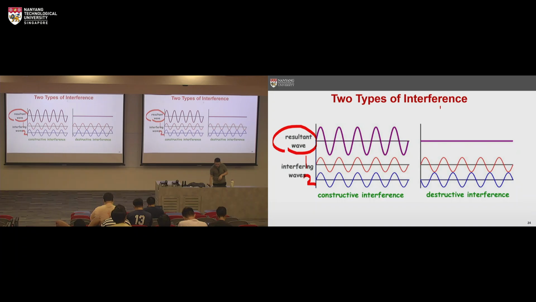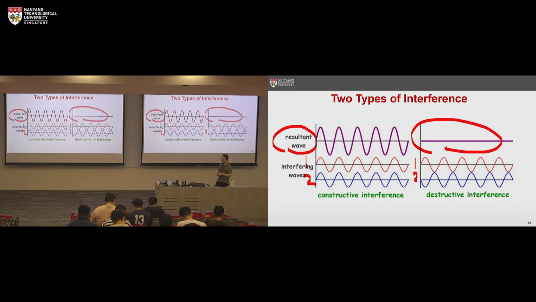If your number 1 and number 2 light have totally opposite phase, it means that whenever they travel, they cancel out each other. This is what we call destructive interference. So your interference becomes 0.